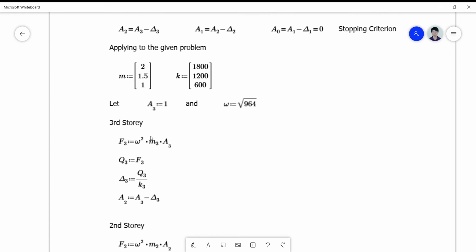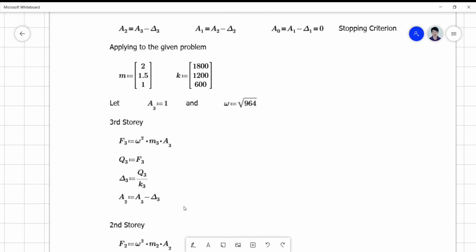So on the third story, so you're starting upward. Your F3 now can simply be solved by, because there's an assumption of A and omega, the mass is given. So F3 now becomes simply omega squared M3 A3, and then Q3 is simply equal to F3. So there's now a smooth transition of the formula from force to shear to displacement, then to amplitudes. Okay, so this is now F3, Q3, delta 3, A2.